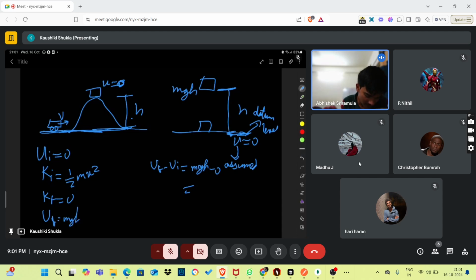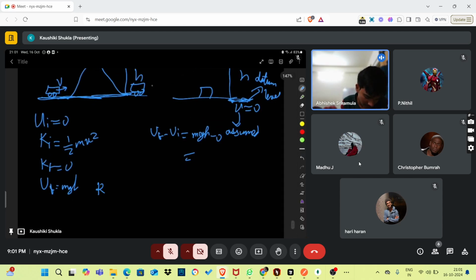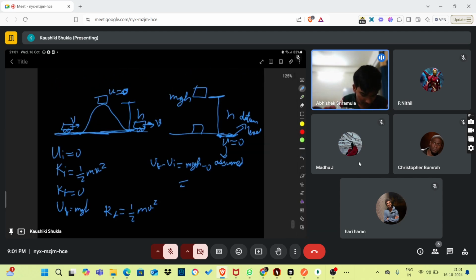And again, when this comes down, let's say with a velocity v, the final kinetic energy is half mv square again, right? So initially the potential energy was zero but the kinetic energy was half mv square. But as the potential energy increased, the kinetic energy decreased. You understand that the kinetic energy decreased.